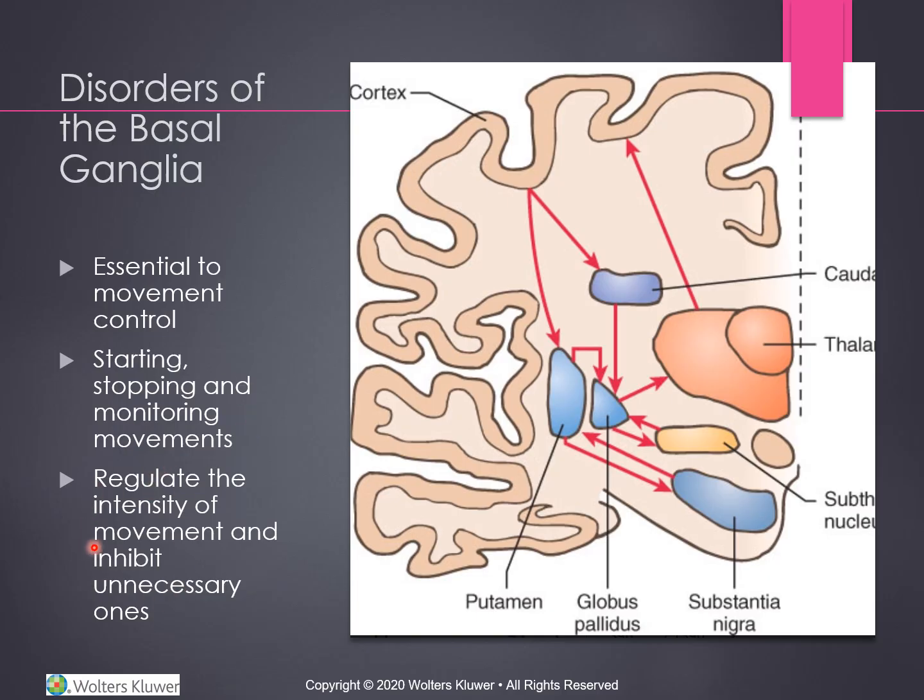The basal ganglia also regulates the intensity of movement and inhibits any unnecessary ones. So again, things like GABA, dopamine, those neurotransmitters that are involved in the smoothing out of movement to help acetylcholine make things look smooth and controlled, those neurotransmitters and that control function is largely happening here within the basal ganglia.